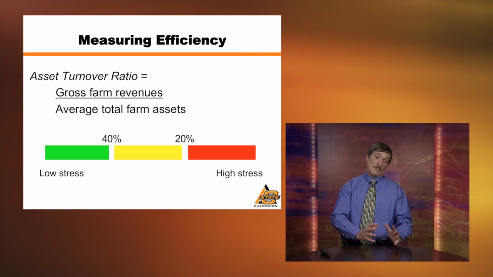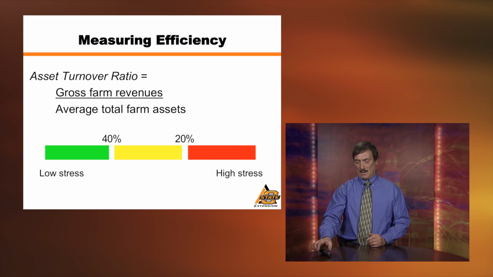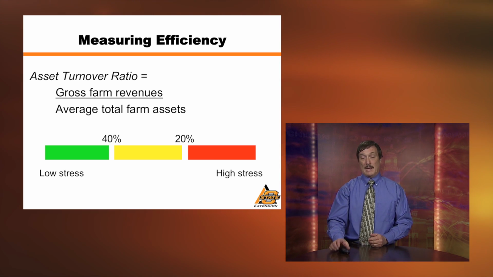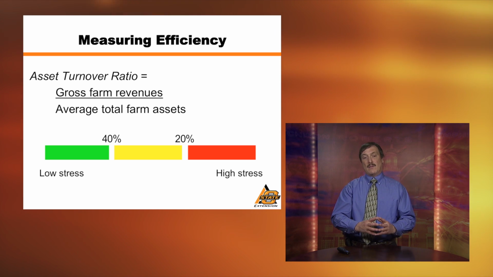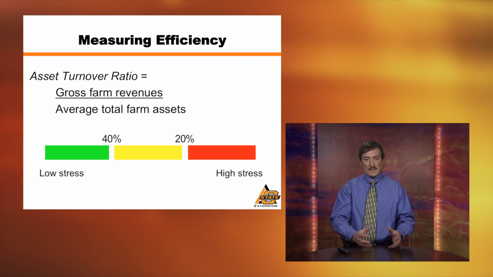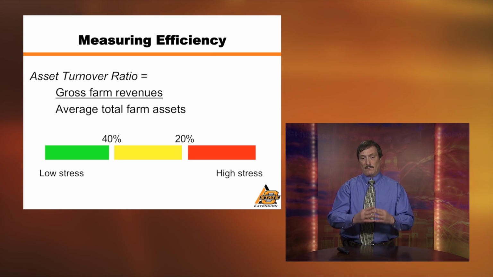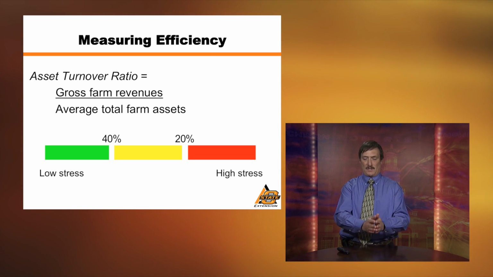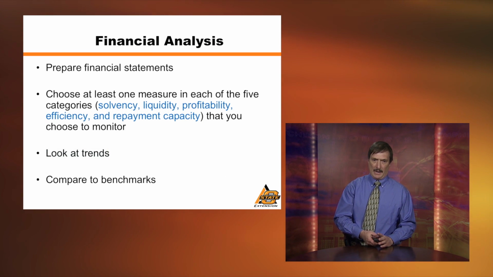So it's a very direct measure of the efficiency of the use of the asset base that you have at your disposal. Many farm analysts will recommend that you evaluate any proposed capital investment on the basis of what will it do to my asset turnover ratio. So it's a very important measure to look at.